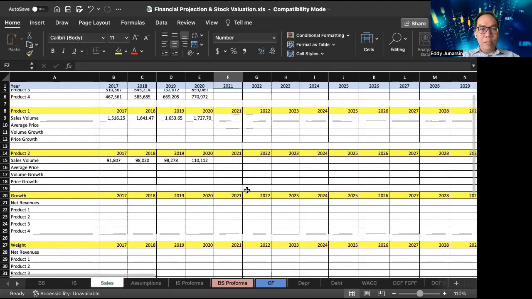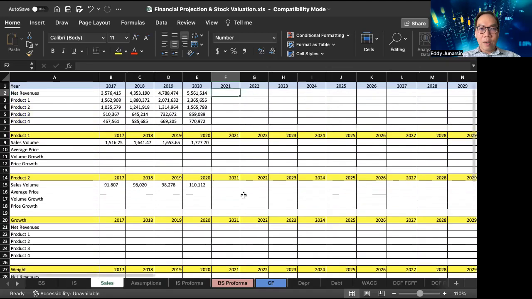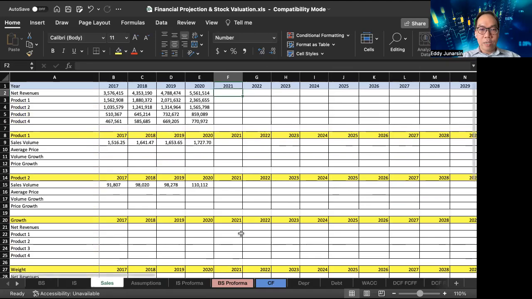But again, for this example, I'll just do a simpler method, which is the averaging. So let's take the first product here. What is the growth rate for the last maybe 3 years? For 2017, we don't have any comparison. We don't have the previous amount from 2016. So obviously we have to start from 2018.